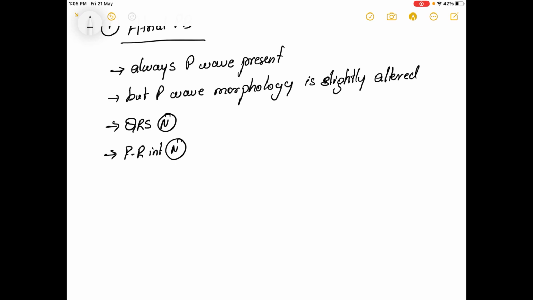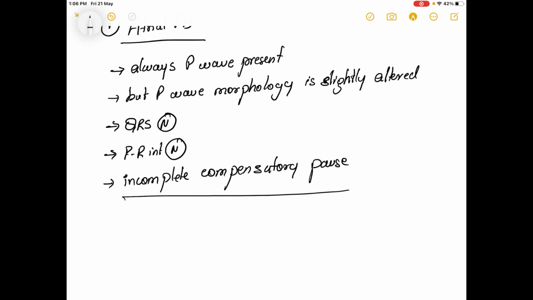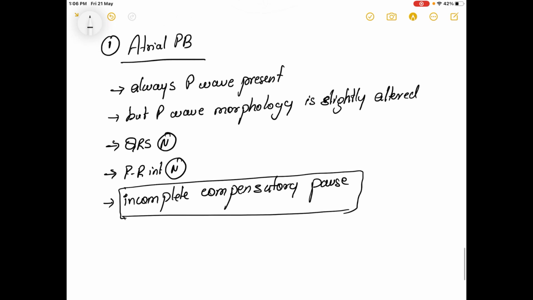Then this is associated with incomplete compensatory pause. This incomplete compensatory pause is not always the criterion to diagnose atrial premature beat, as in some there could be a complete compensatory pause.